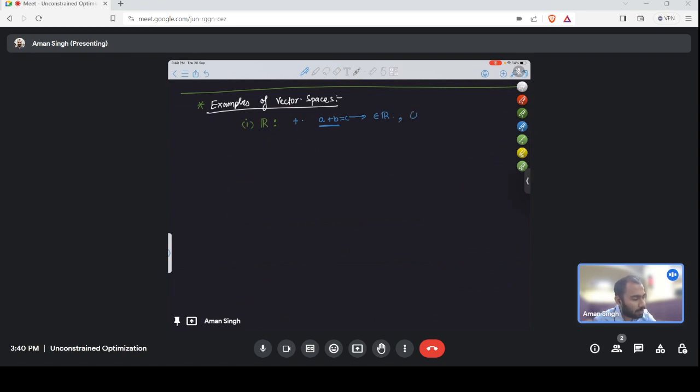It also has an additive identity of 0, and for every element a there exists a minus a, that is the additive inverse. Also, scalar multiplication follows all those properties that we saw above. So actually, it's a vector space.